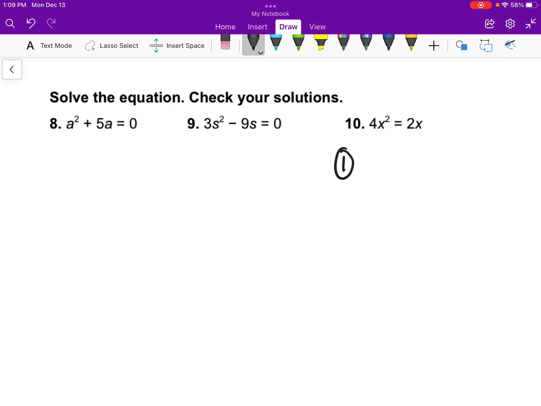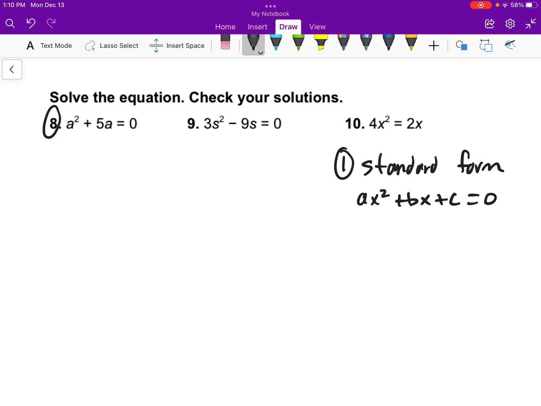The first thing is we want to make sure the equation is in standard form, which means everything is on one side and 0 is on the opposite side. So if you look at this example 8, it's already in standard form. I've got a squared plus 5a equals 0. So make sure it's in that standard form.